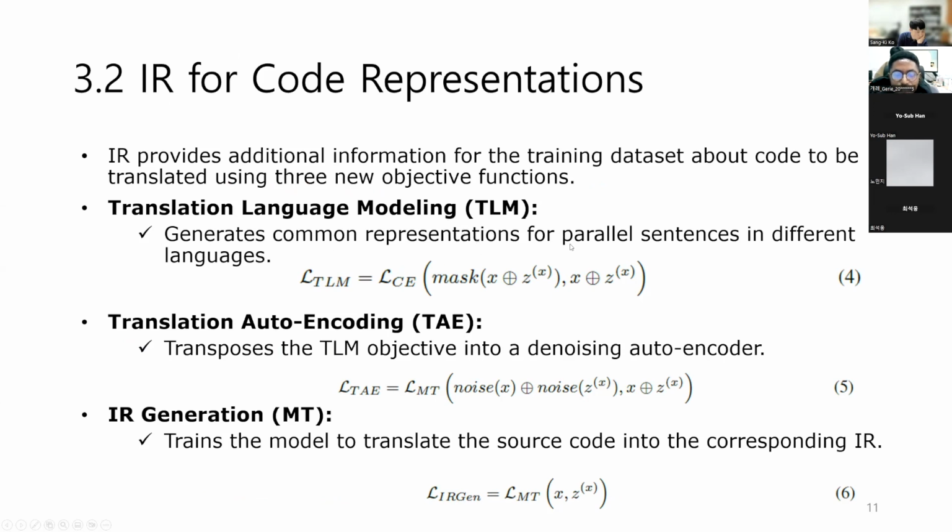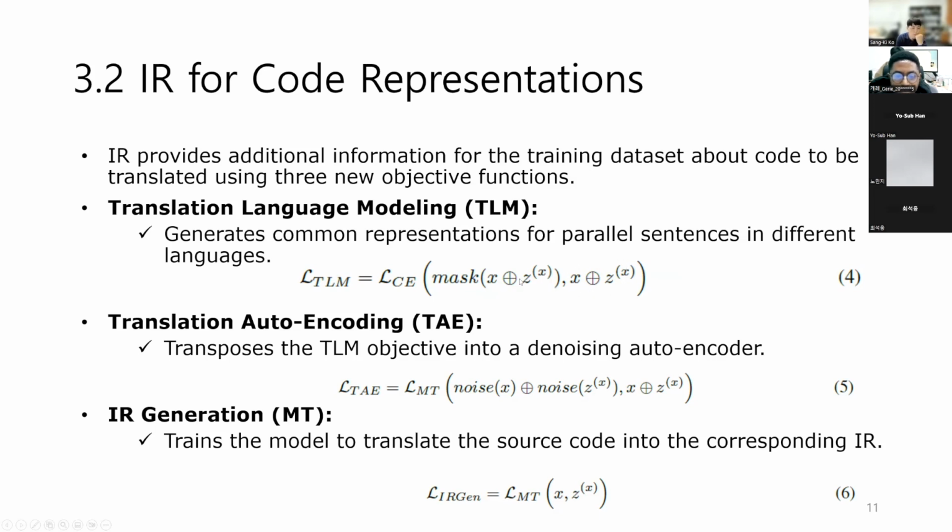This objective is taken from the cross-lingual pre-training paper published in 2018. It takes the sequence of X, the code sequence, augments it with its IR representation, then recovers the original tokens.